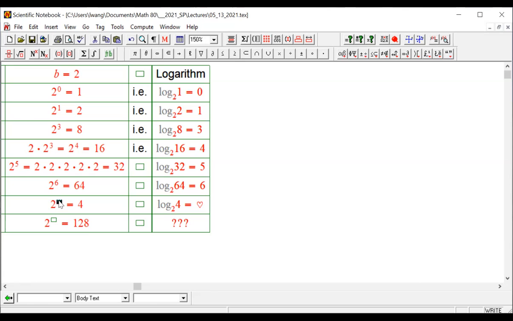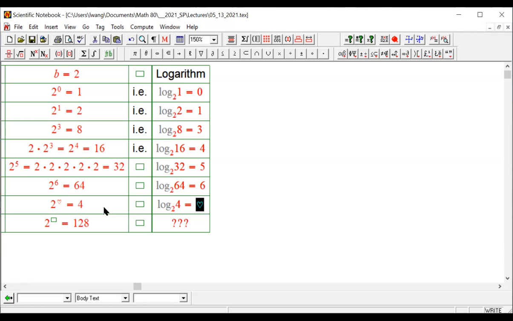Next, this one, everybody should know how to get it, right? 2 to the power of the heart equals 4. So log base 2 of 4 equals the heart. What should the heart be? Brianna? Marcelo? Francisco?